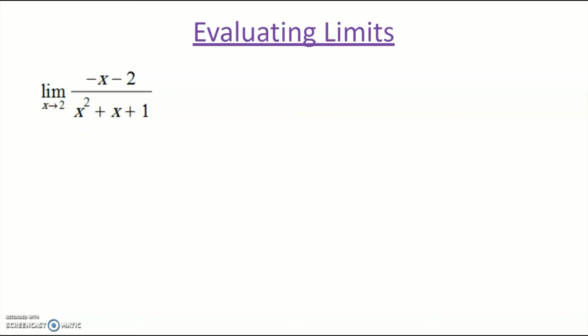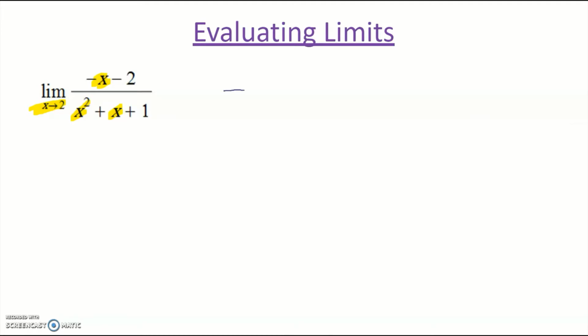So today we're going to look at evaluating limits using the two more basic methods of substitution and factoring. So here we can see we want the limit as x approaches 2. So all I'm going to do is everywhere I see x, I'm going to replace it with the number 2.